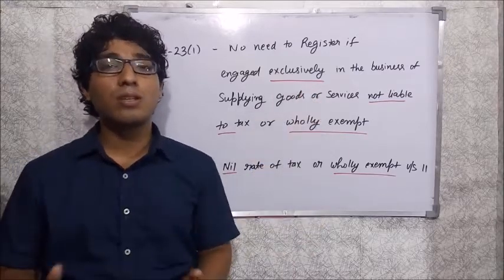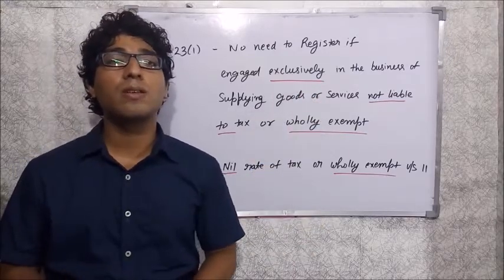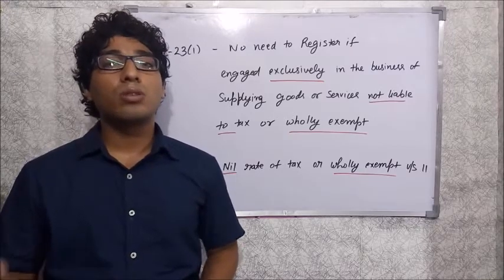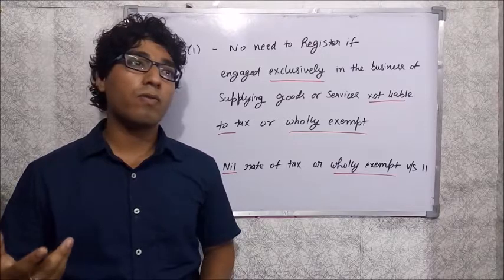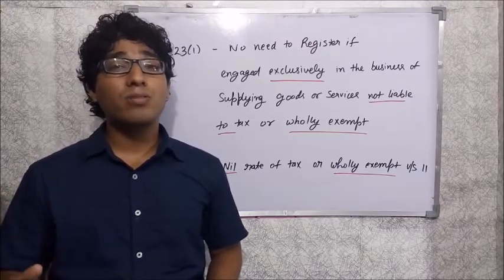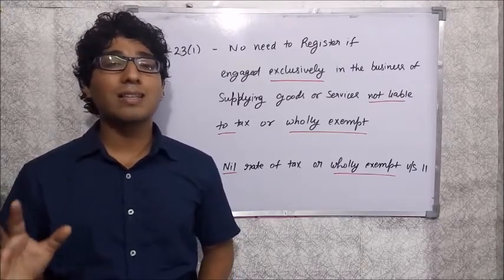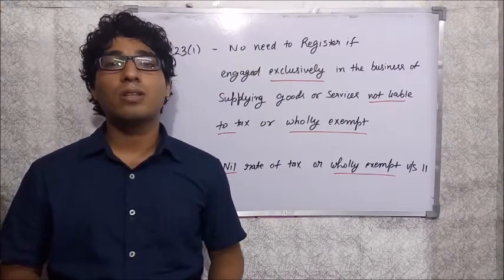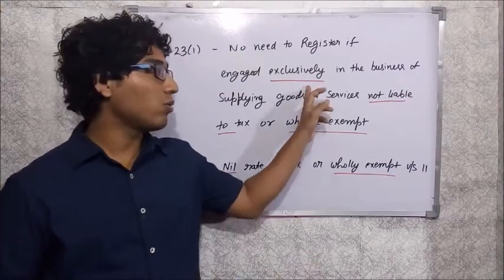You should be exclusively supplying those goods or services which are exempt under GST. Even if you supply goods or services of 100 rupees, or 1000 rupees, or 1 lakh rupees which are taxable under GST, you cannot take the benefit of Section 23 subsection 1, because the word is exclusively.